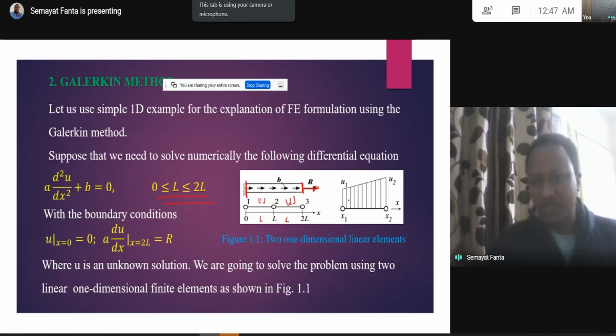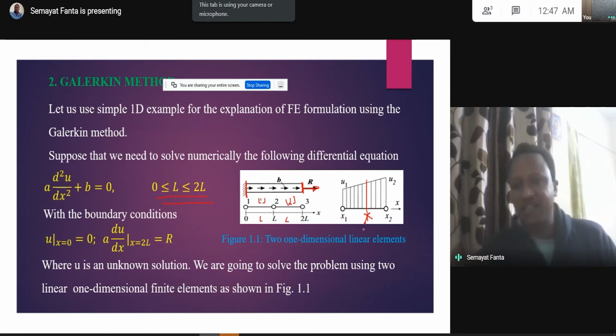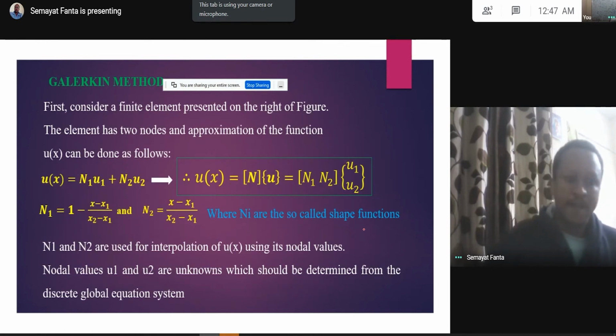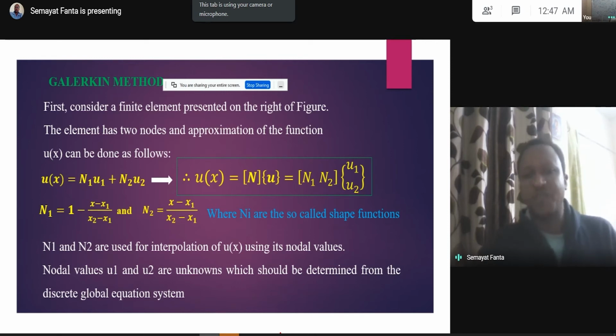So for any x in between, for example this point x, N1 and N2 are used as interpolation functions of u using its nodal values. And the nodal values u1 and u2 are unknowns, which should be determined from the discrete global equation system.